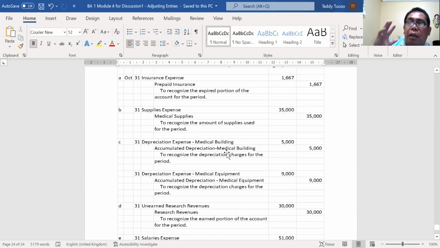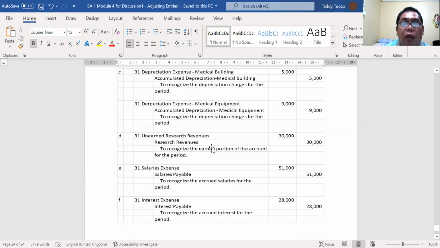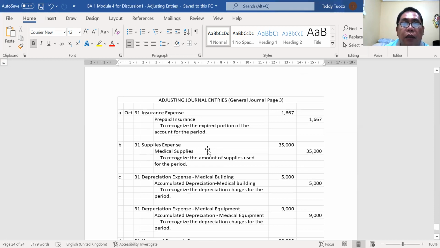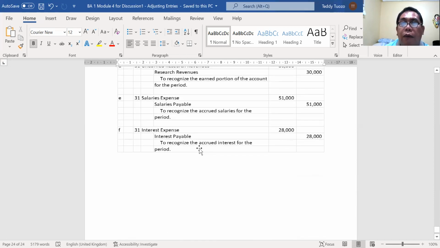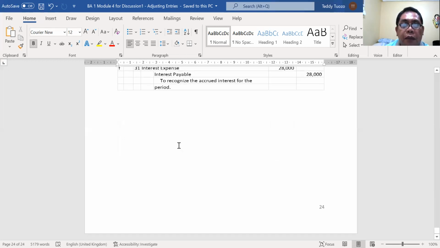Now, because the examples above from the book have no explanation written. It's always to recognize for accrual. I mean, for deferral and accrual it is always to recognize.